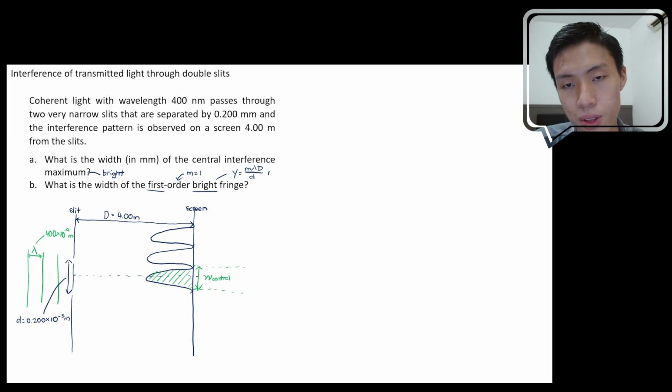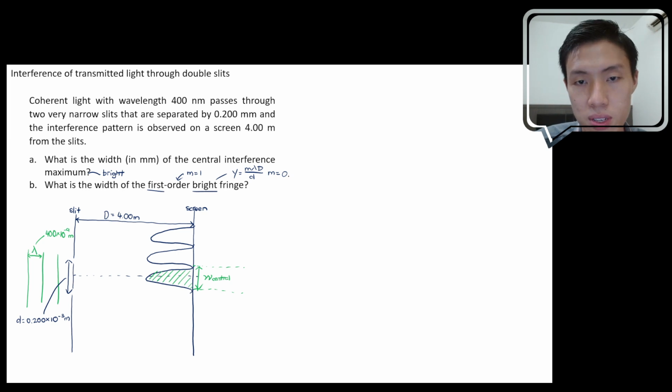But we have to think carefully whether m can start with 0 or not. If you substitute 0 inside, then m is 0, so y is equal to 0. Is y equal to 0 a bright fringe? Yes, at the center, it is indeed a bright fringe. So m equal to 0 is a valid value to substitute.